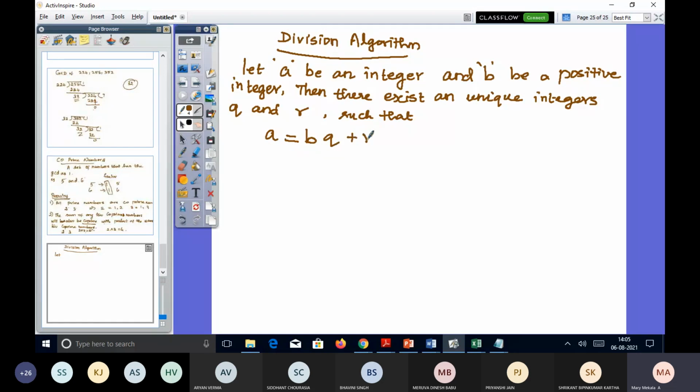So a is the dividend, b is the divisor, q is the quotient, and r is the remainder. These terms we'll be using now and then, so that's why I'm writing it like this.